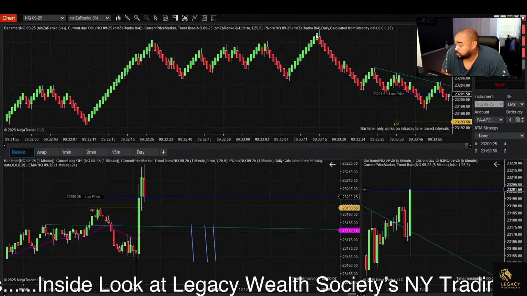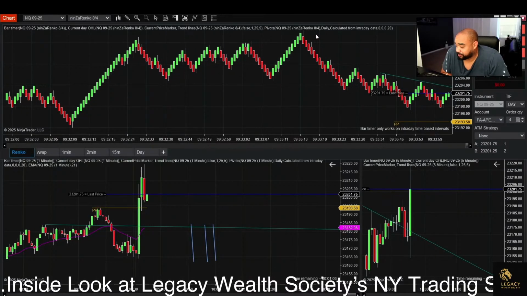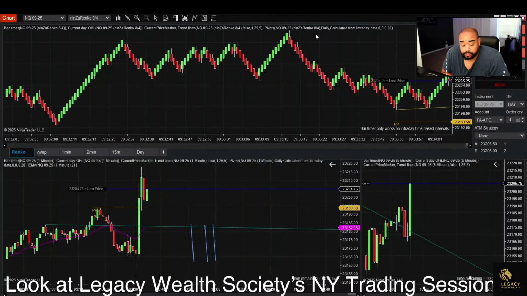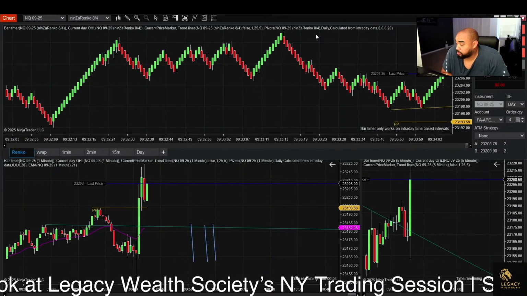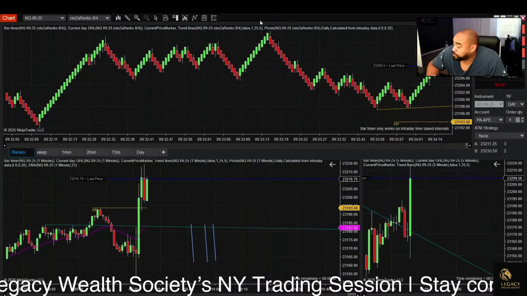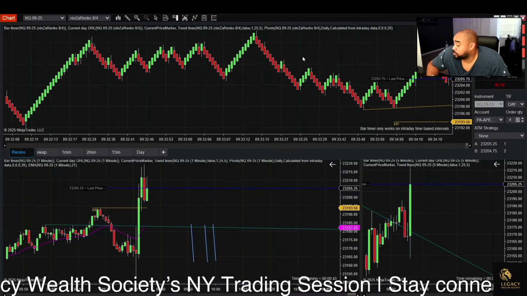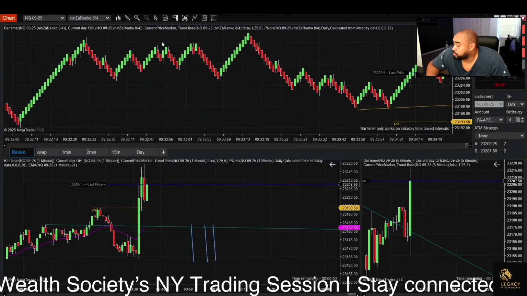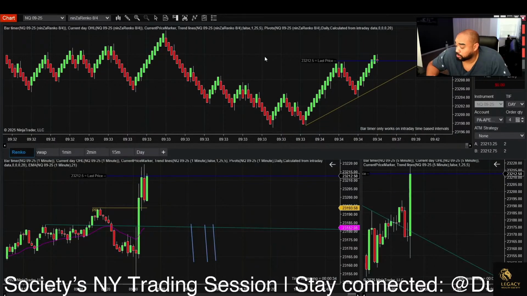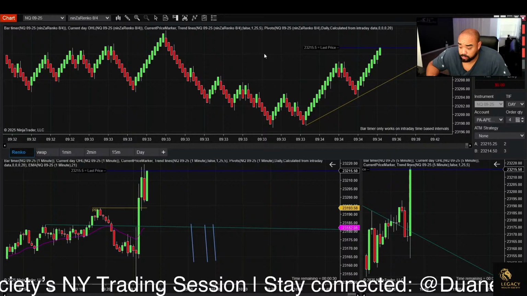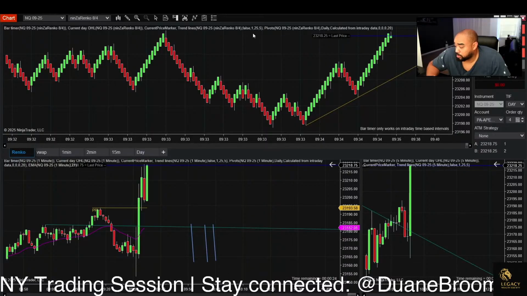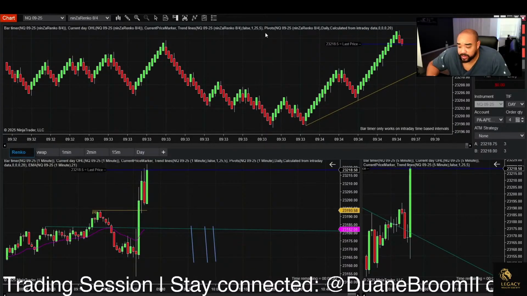Get a nice bull flag, and then we can get some. Popping above that wick on that 1 minute right there.